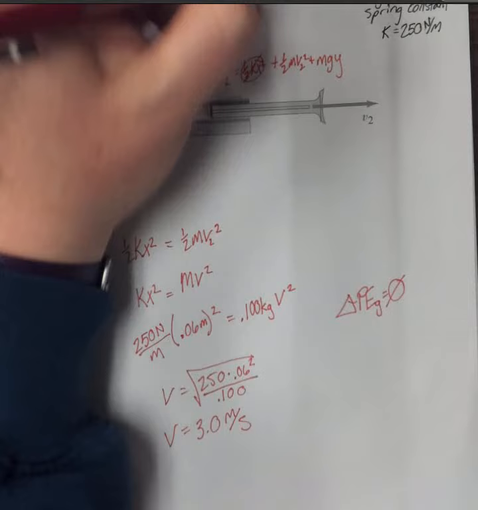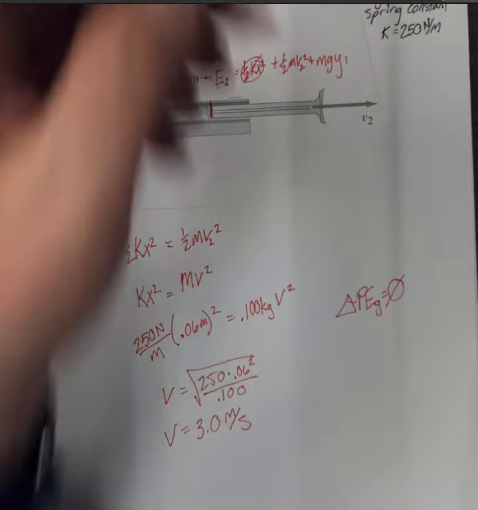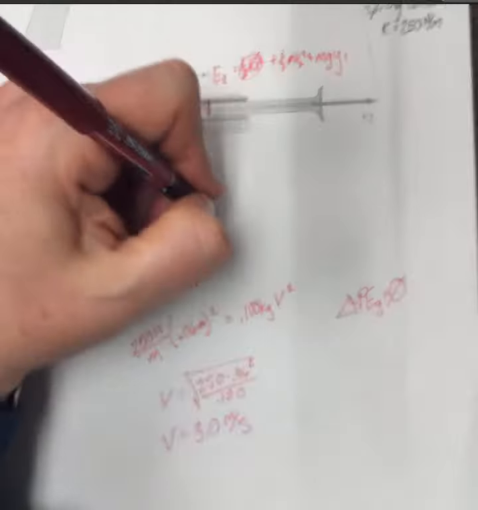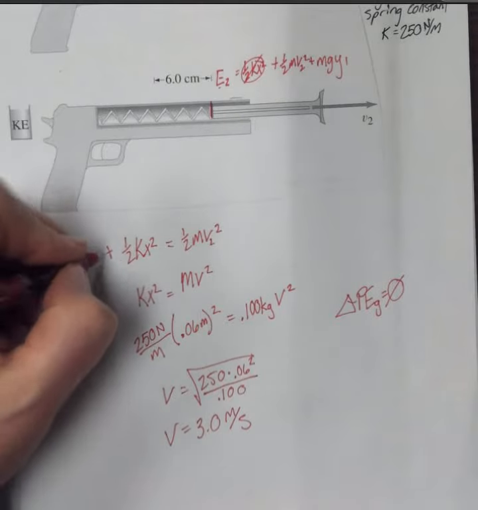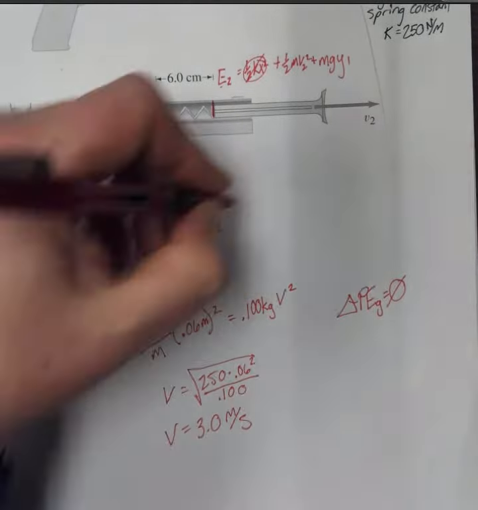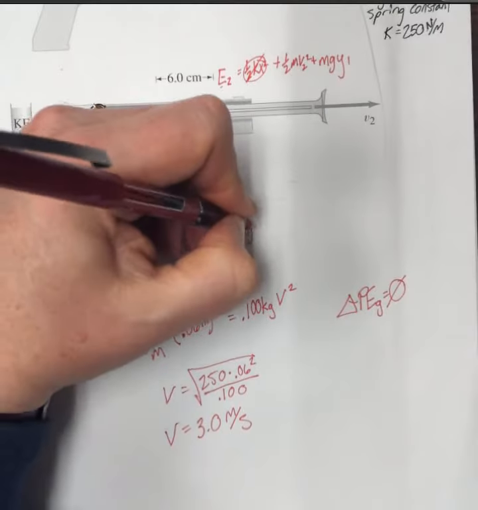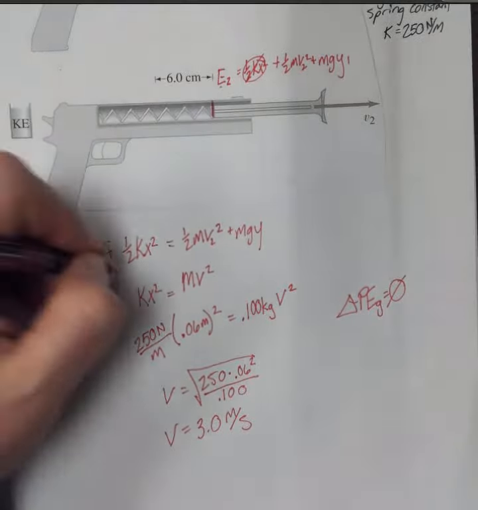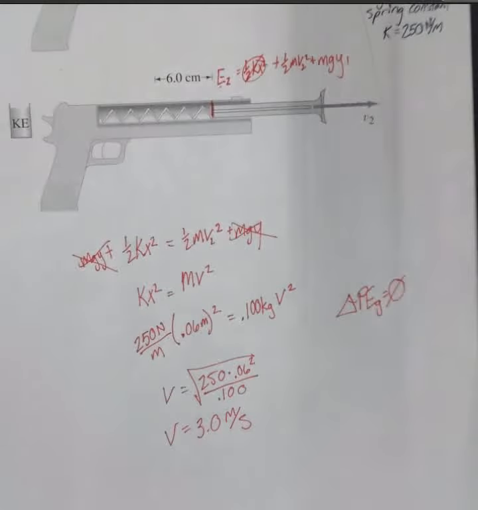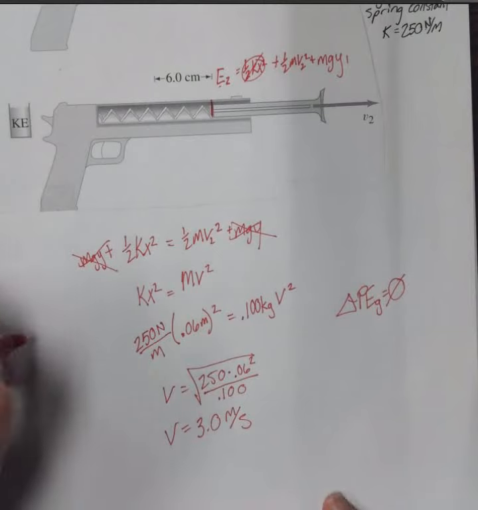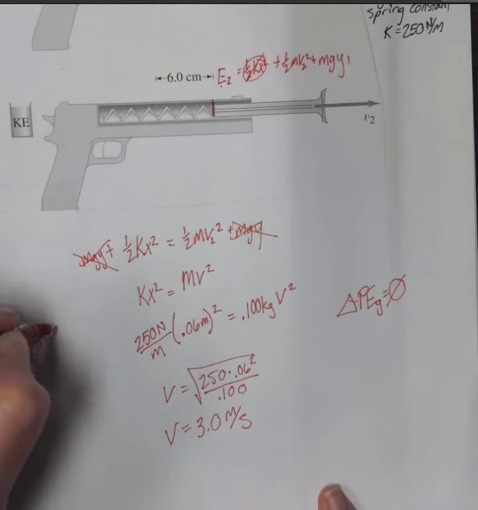Here, y1 equals y2. So if you set those two equal to each other, oh look, they're the same on both sides, they would end up being removed from the situation, and that's because it's in the horizontal direction only.